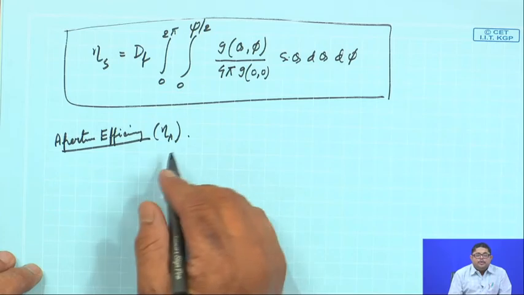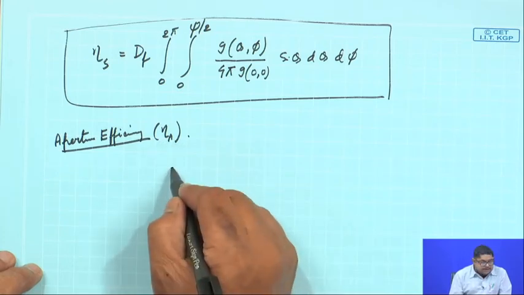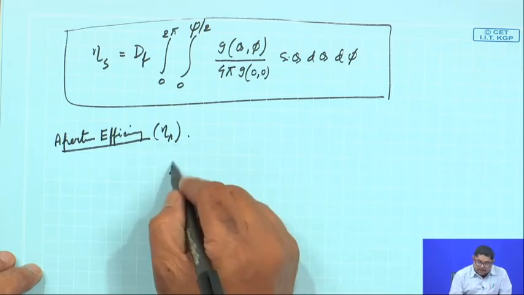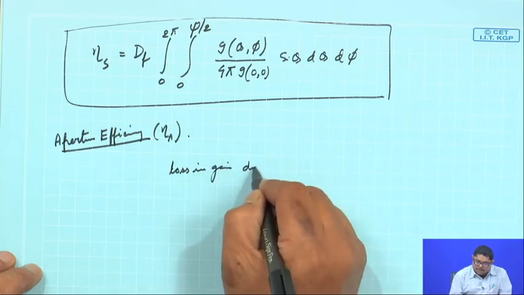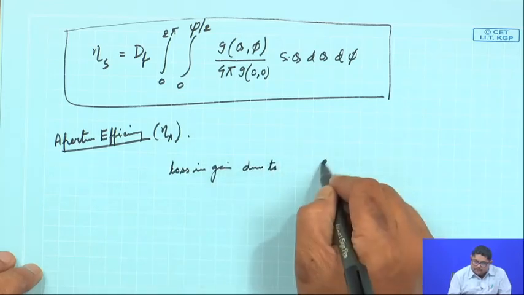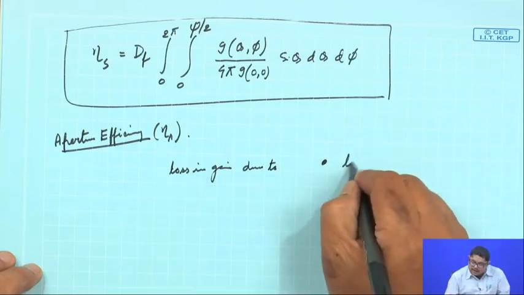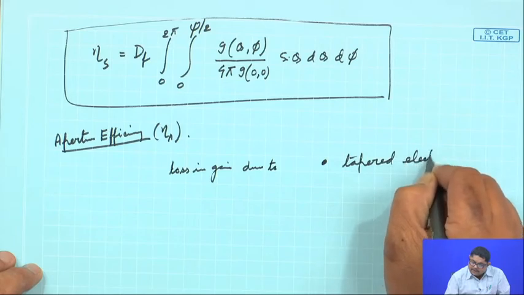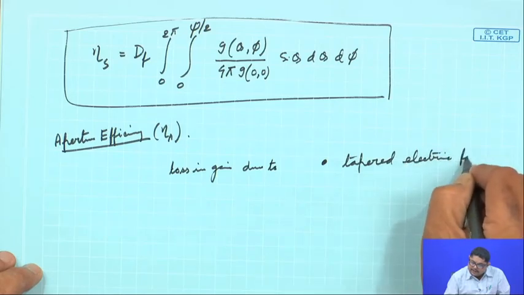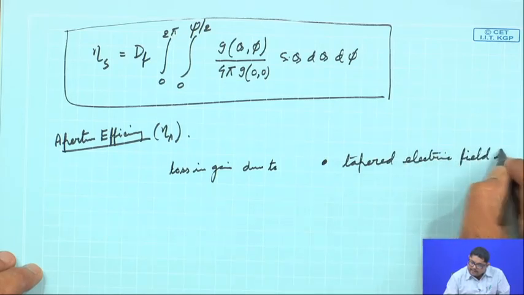So, who gives this aperture efficiency? The loss in gain is due to, first, a tapered electric field in the aperture.